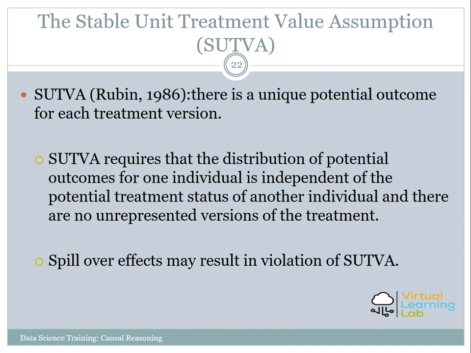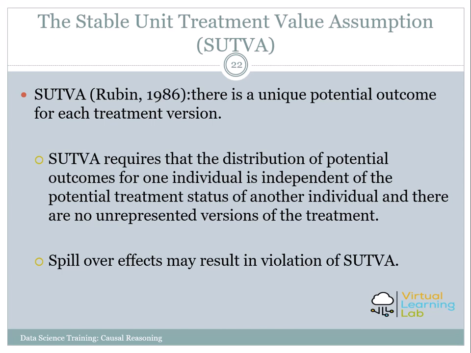One way to understand this is to think that spillover effects, also known as contamination, violate SUTVA. This happens because if there are spillover effects, the treated and control groups interact.